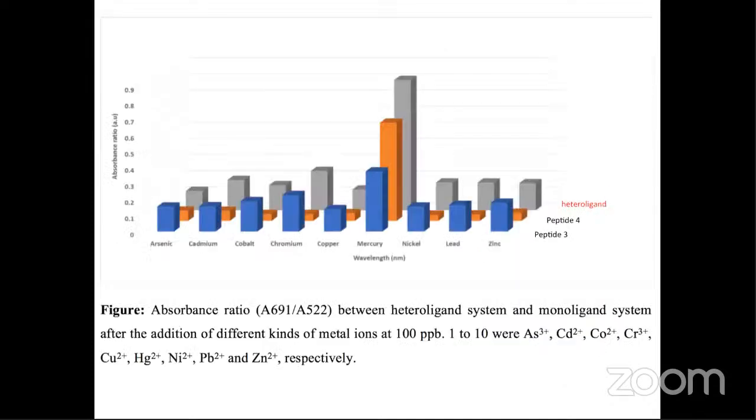This is an absorbance ratio, where you can see if we only use a monoligand system, we have a good signal on mercury for both peptide 3 and peptide 4, where peptide 4 reveals a clearer signal. But if we use heteroligand, where we mix the gold nanoparticle with peptide 3 and the gold nanoparticle with peptide 4 together and detect mercury, it will show a bigger signal.